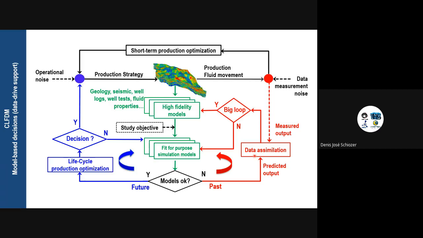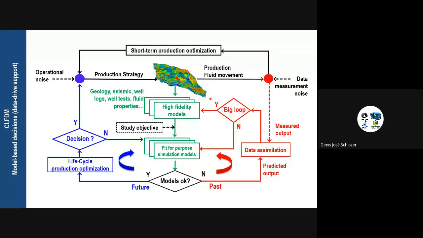Our main focus is to have good models for these two main functions, which are to forecast production and to take decisions. So in order to do that, we differentiate a little bit in our group data simulation from history matching. But feel free to call it history matching if you prefer. We're going to refer to both in the course, but we are going to explain this small difference between them in one of the classes, okay?